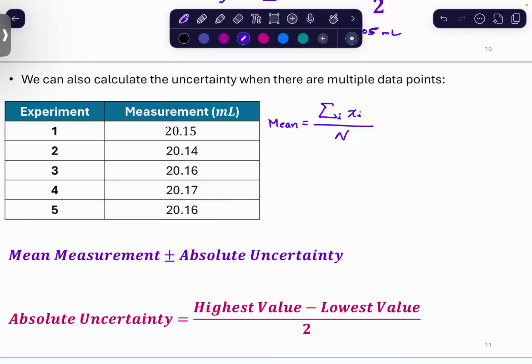So for this list of values on the left, that means we're going to have the sum where i equals 1 to 5 of x_i over n, so that's your x1, 2, 3, 4, 5. That's your value n.